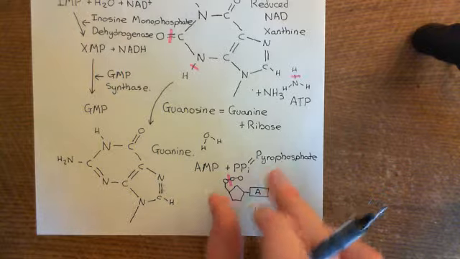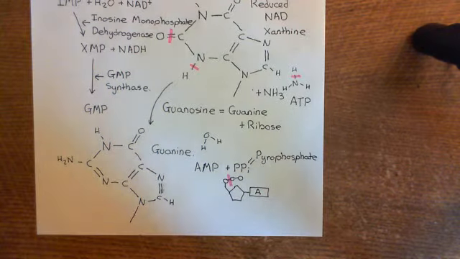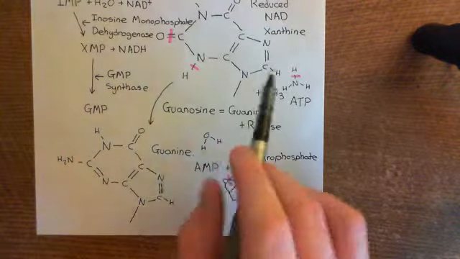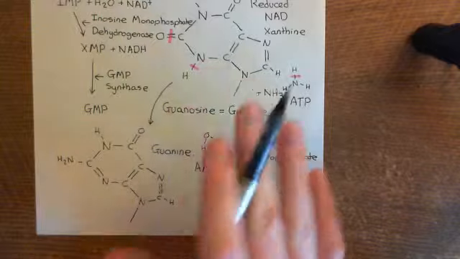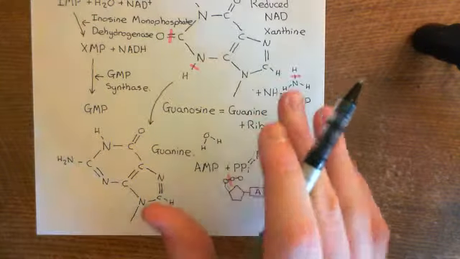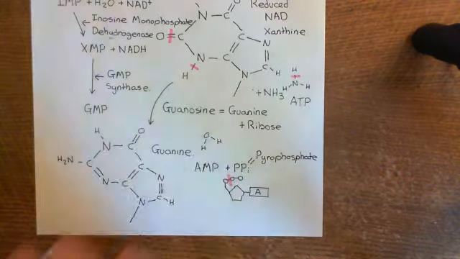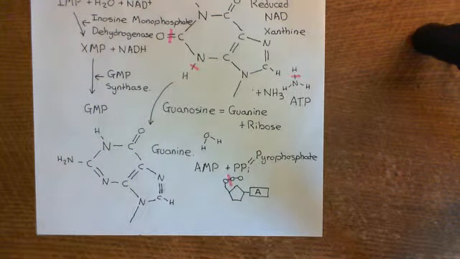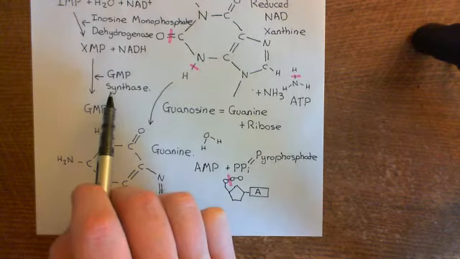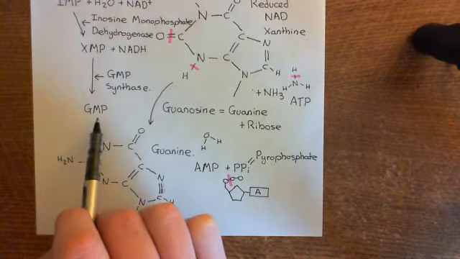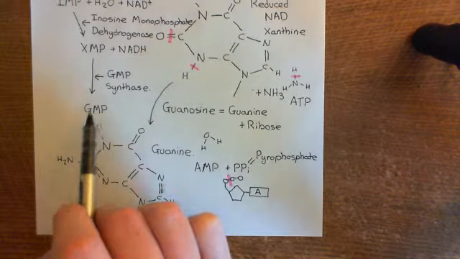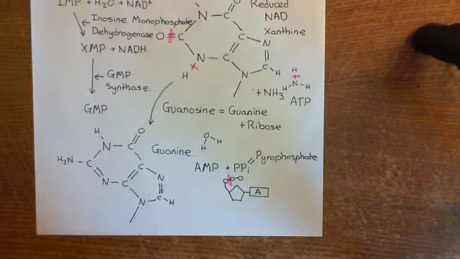It will go straight into the hydrolysis of the ATP into AMP plus pyrophosphate. But to help you keep track of everything, that's how this reaction as a whole makes sense. What's on this side does add up to what's on this side. That's the intuition for this. So that's how this enzyme, guanosine monophosphate synthase, synthesizes guanosine monophosphate from the xanthosine monophosphate.